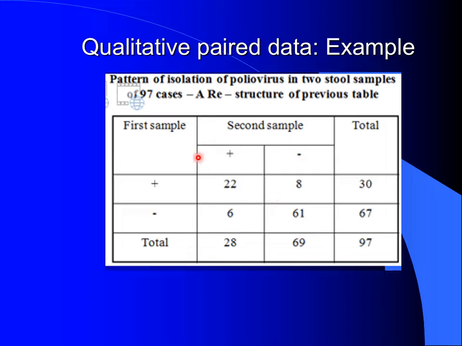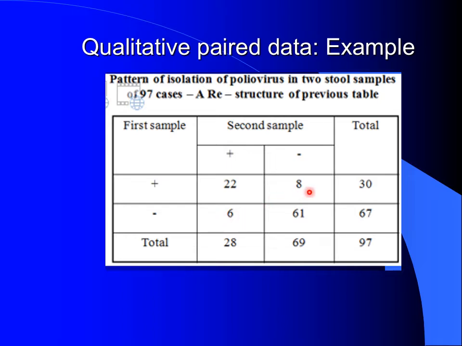Now in this, first sample positive, first sample negative, second sample positive and second sample negative. So both samples are positive and both samples are negative. One sample is positive and the second sample is negative, and first sample is negative and the second sample is positive.